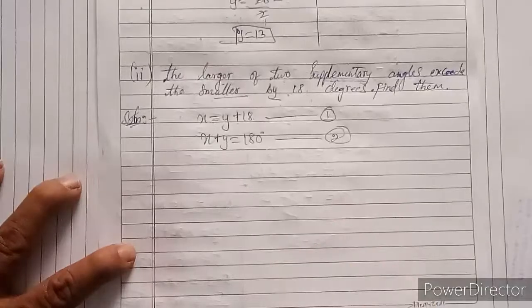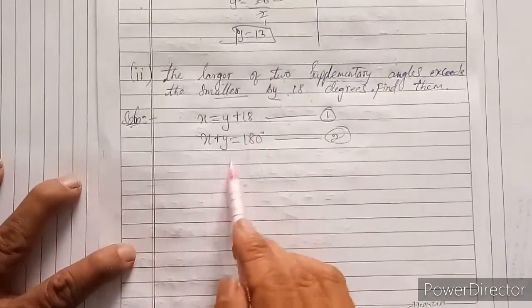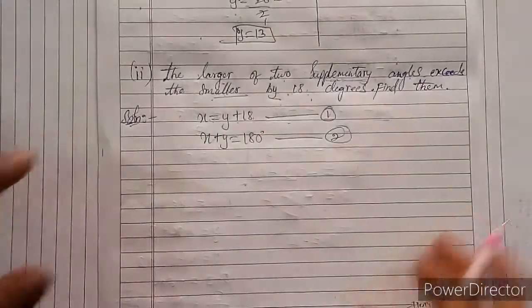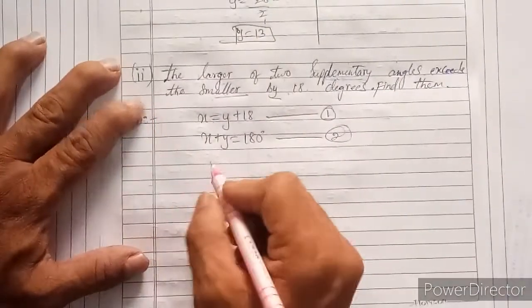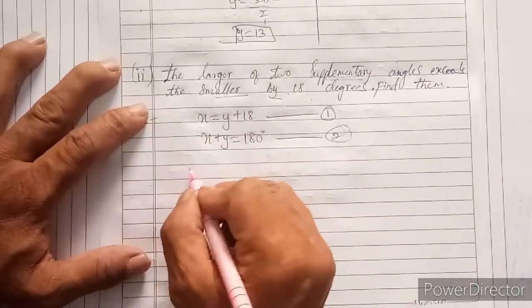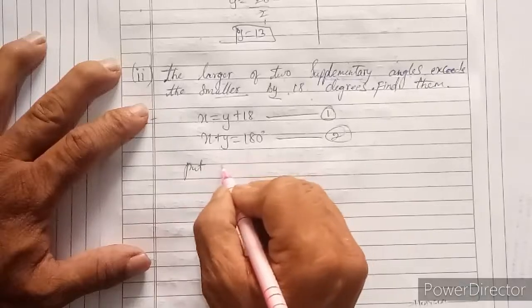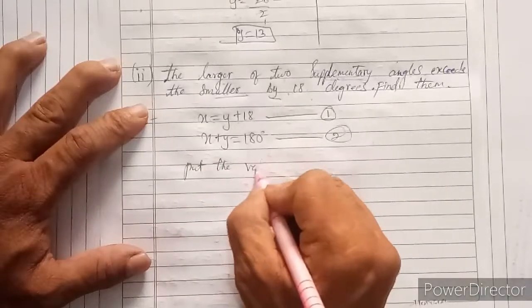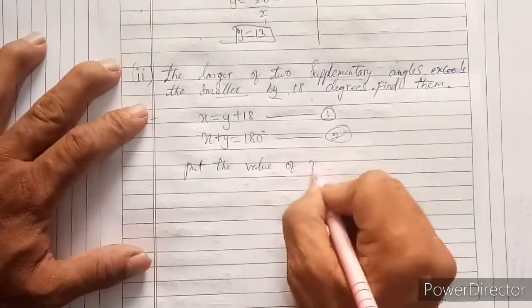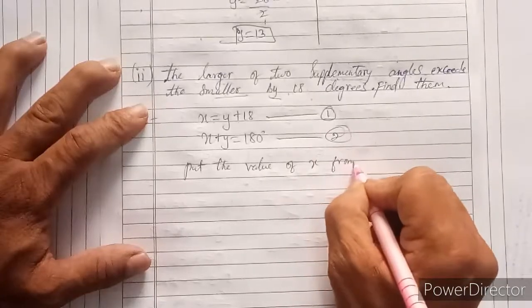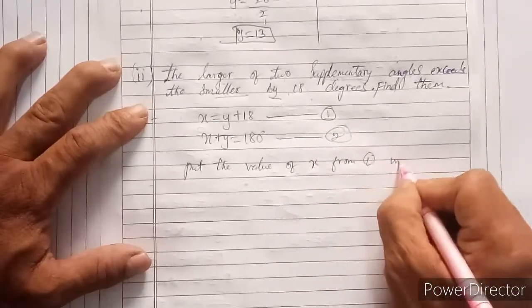Now we have to take the equation value. Now substitute the value of x from equation 1 in equation 2, right? We can put the value from equation 1 in 2.